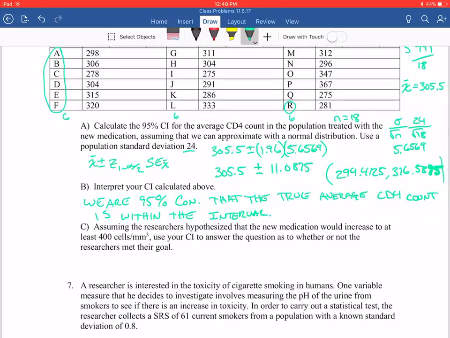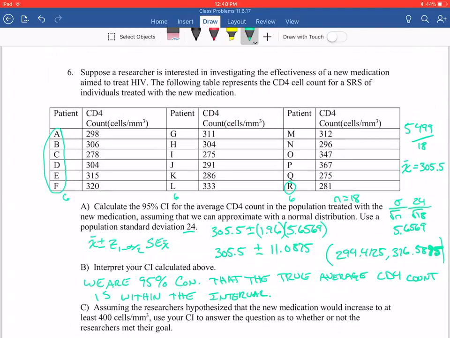Part C. Assuming the researchers hypothesized that the new medicine would increase to at least 400 cells per milliliter, use your confidence interval to answer the question as to whether or not the researchers met their goal. So if we were the ones who actually did this experiment and we said that our new drug is going to increase the CD4 count to above 400, did we meet our goal?